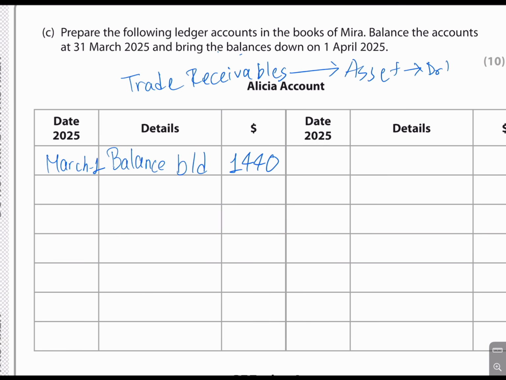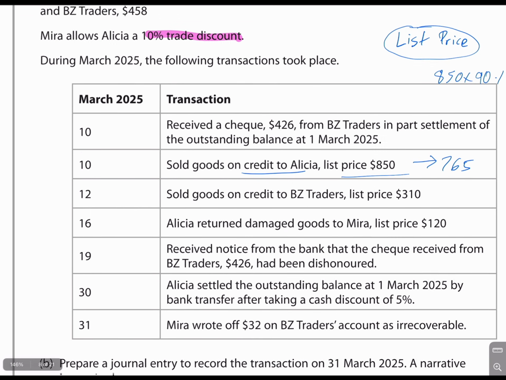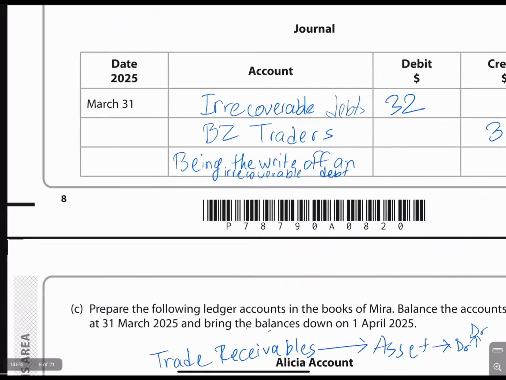So according to the rule of accounting, if your asset increases, it is always entered on the debit side. So as it is being sold on credit, we write here sales day book, 765. What about the date? It's March 10, right? So March 10.